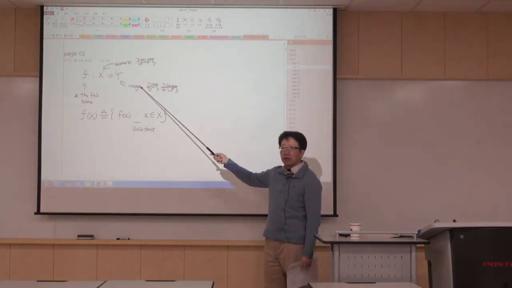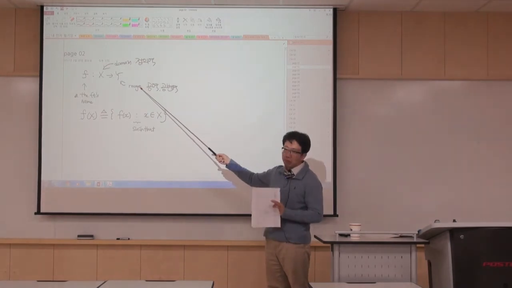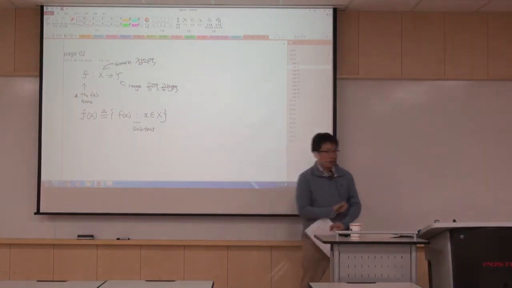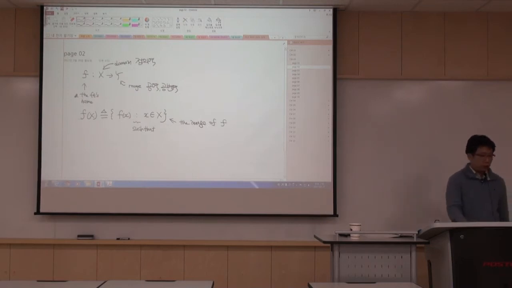Okay? It's usually a subset. Okay? It may be a proper subset of range. So this is called the image. Okay? The image of f. Okay? Got it? So the image of X. Okay, the image of X via f.